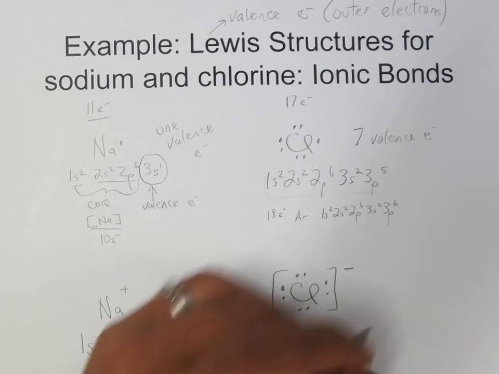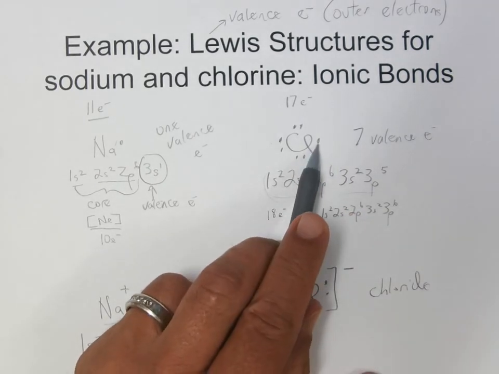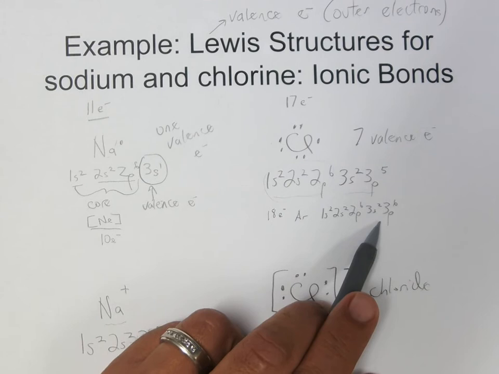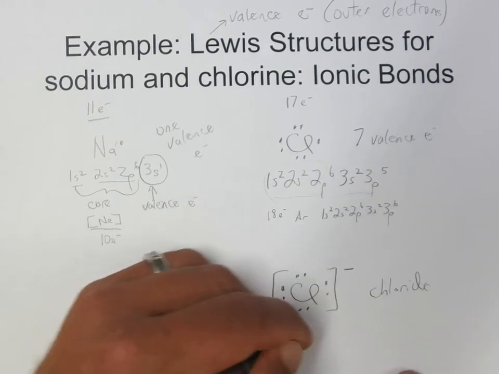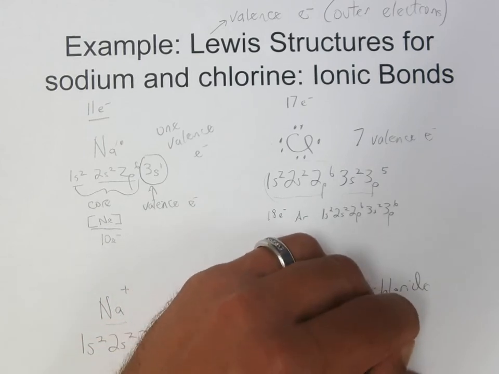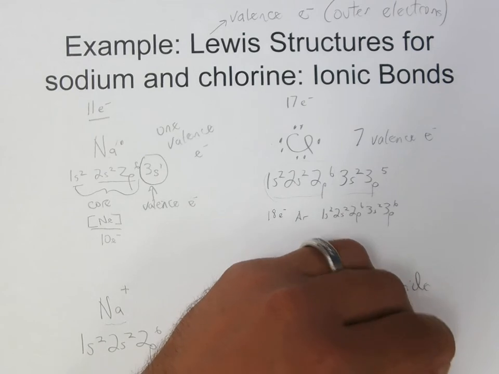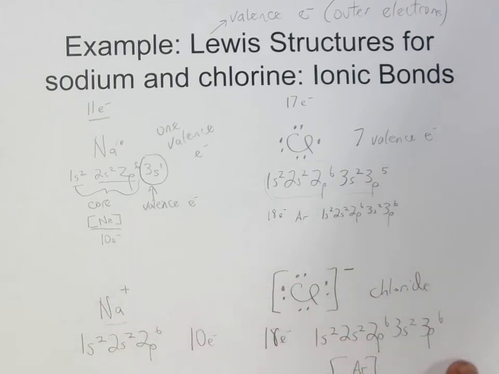So there we go, chlorine was 1 electron away from a noble gas configuration, so it picks up that 1 electron to get 18 electrons, 1s2, 2s2, 2p6, 3s2, 3p6, the same as argon, and stable.